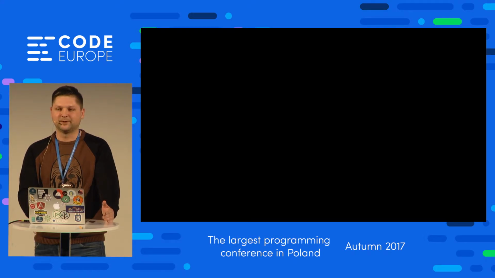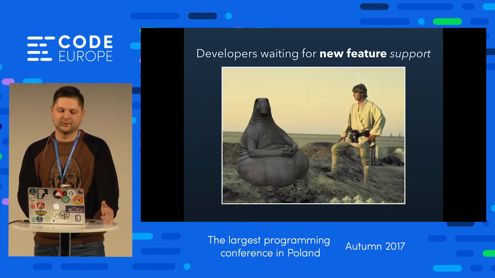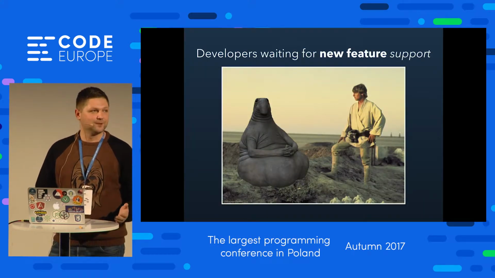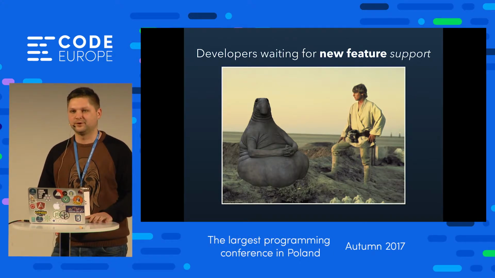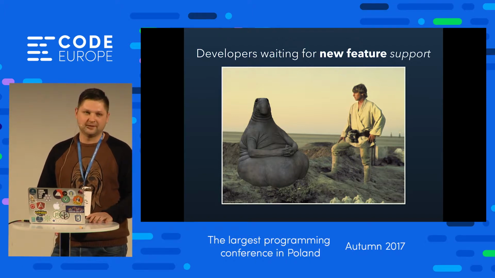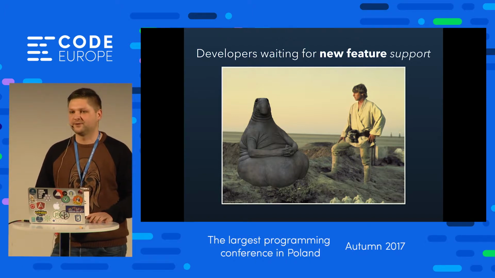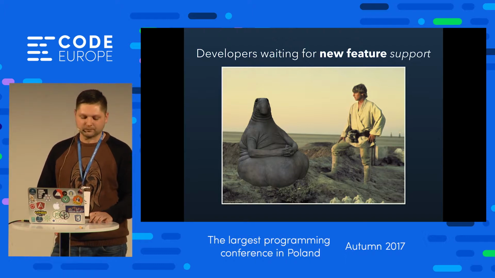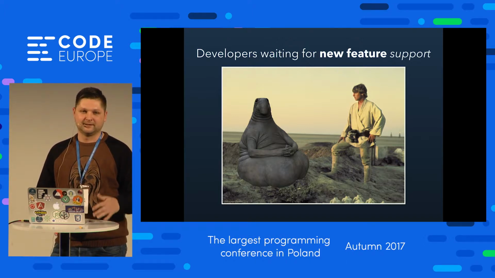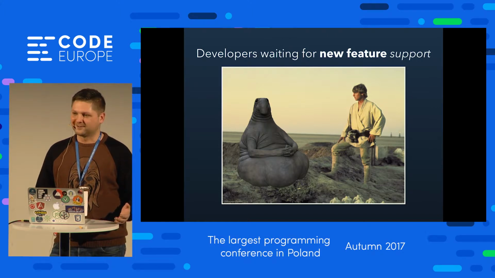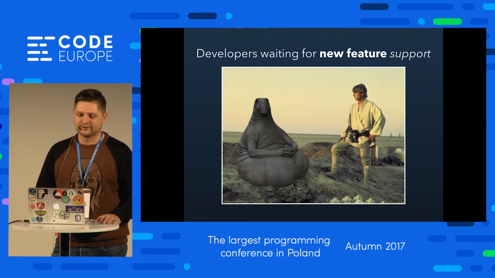We need polyfills and fallbacks, because this is a picture of how developers usually wait for new feature support in modern browsers. We can wait for approval of the specification and implementation in browsers, and we need it to be implemented in all the browsers we are targeting, meaning the browsers used by our users.